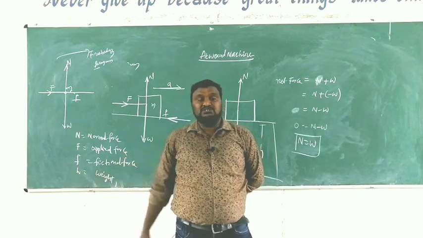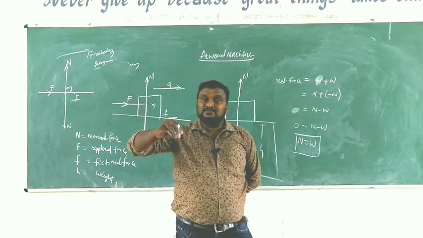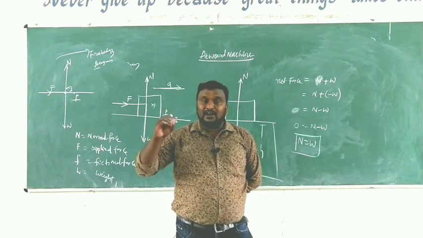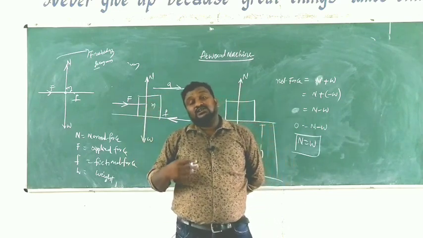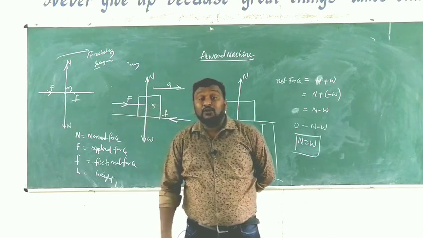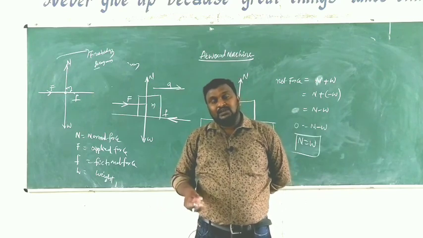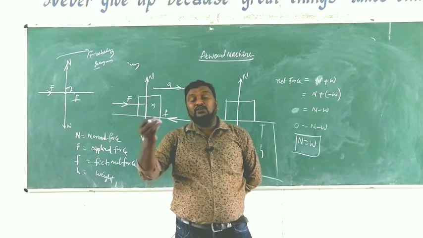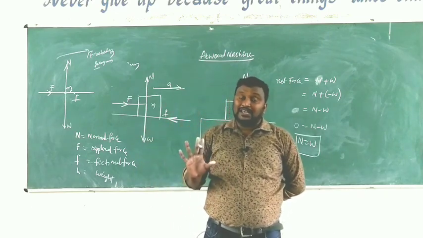With arrow marks we are showing the vectors. So the diagram in which we represent the mass of the body as a point, and on that point how many forces are acting is shown in the figure, that figure is what we call a free body diagram. Clear? The free body diagram represents the body and how many forces act on that particular body.